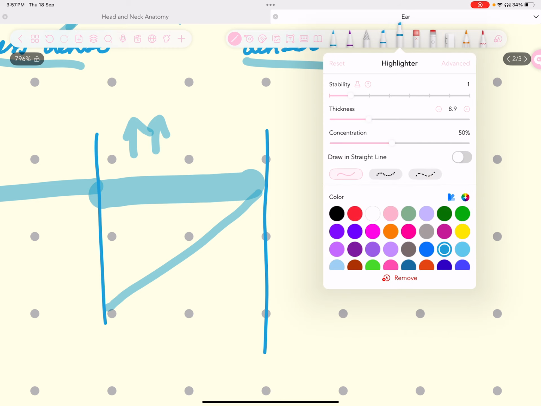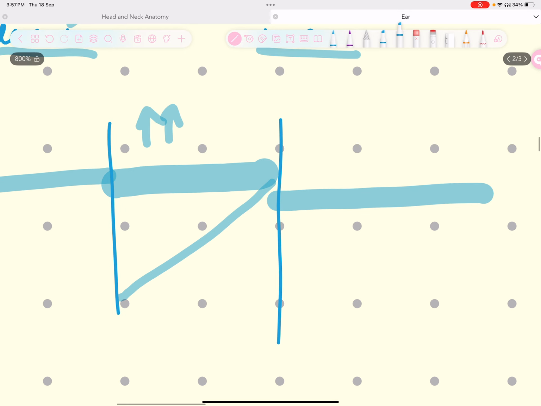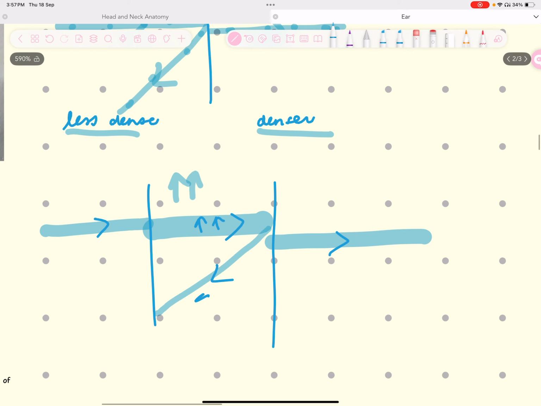Why? Because we still have a sufficient amount of sound left. So that reflection has been balanced out by the amplification. I hope I'm making sense.